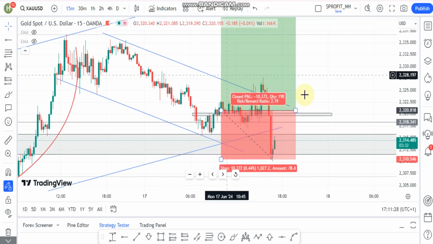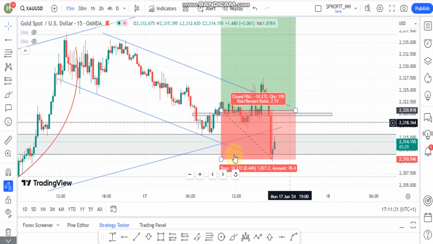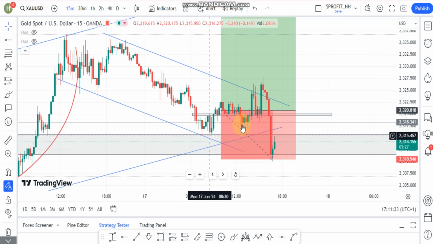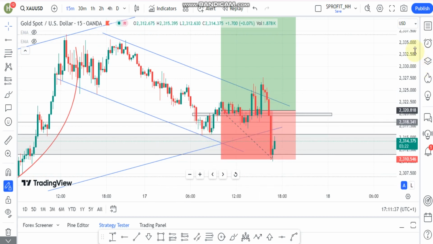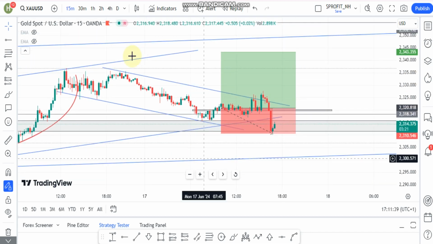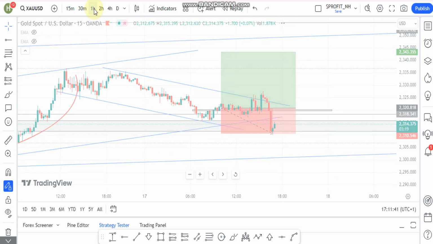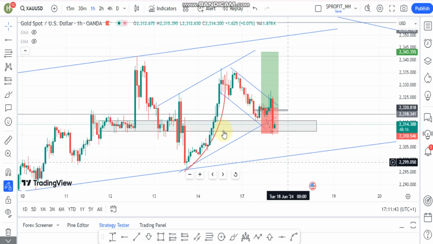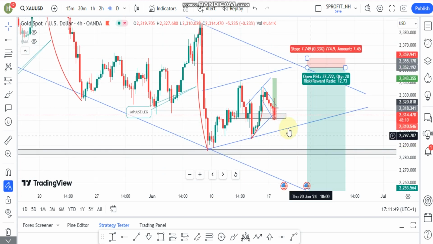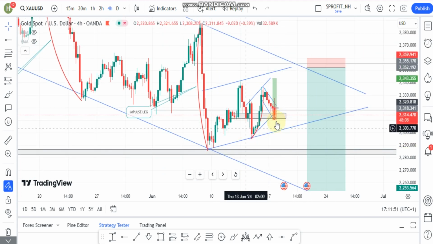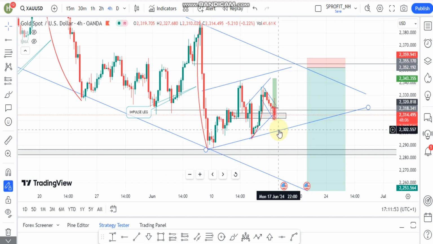After giving us a second touch, it pushed all the way down, and you see it has broken below this area. So there is a probability of this market going all the way to test this support that we have down here from the 4 hour time frame. Let me show you. There's a support all the way down here from the 4 hour time frame, so there's a possibility of this market coming to this area.